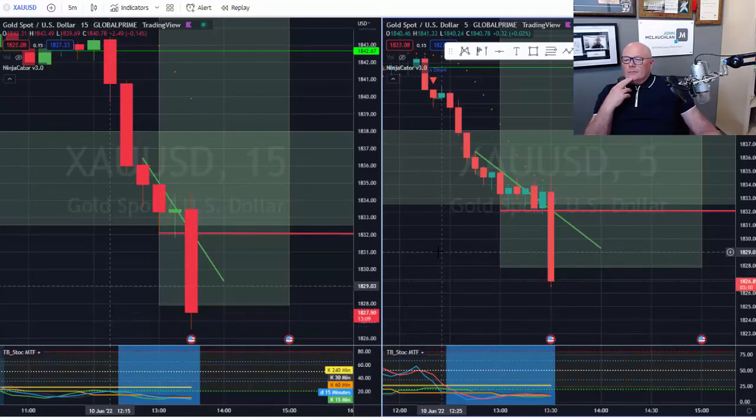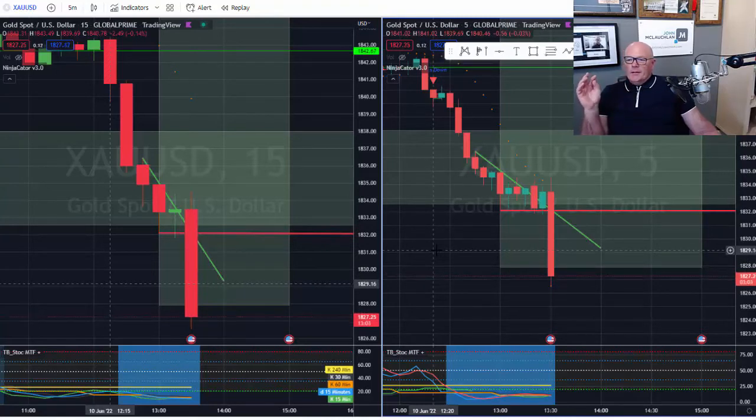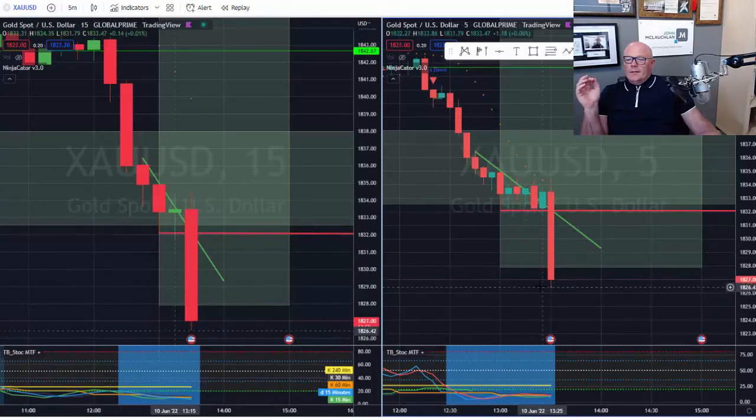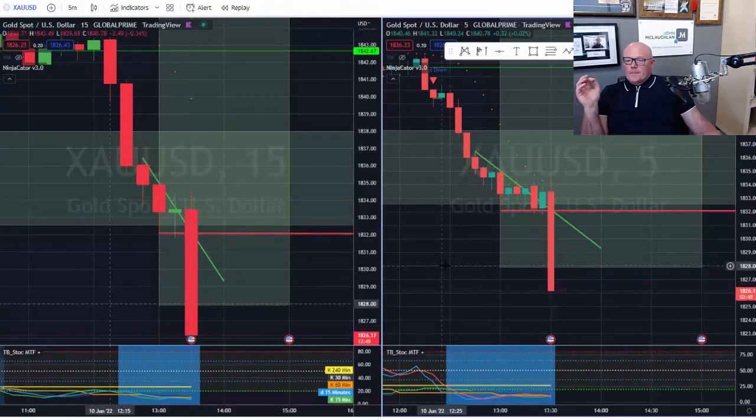So even though it's gone down for all these pips, there's something about this trade that I don't like. And it's the fact that when you see this going down, you see this P-SAR, the P-SAR should be at the top. And the P-SAR's moving.